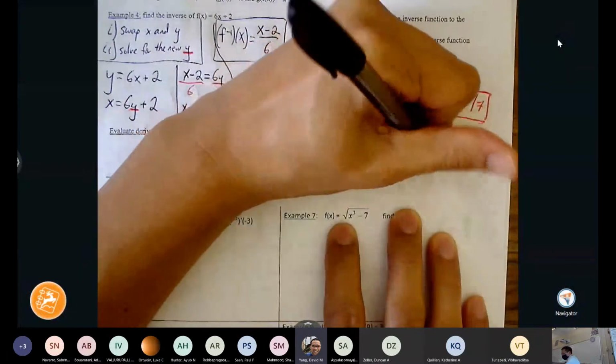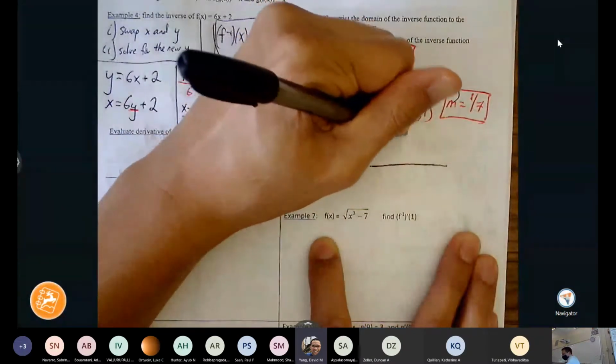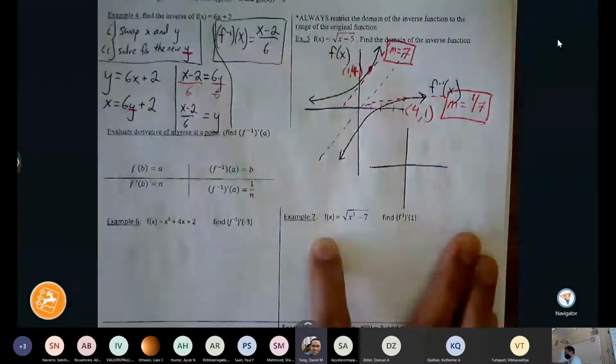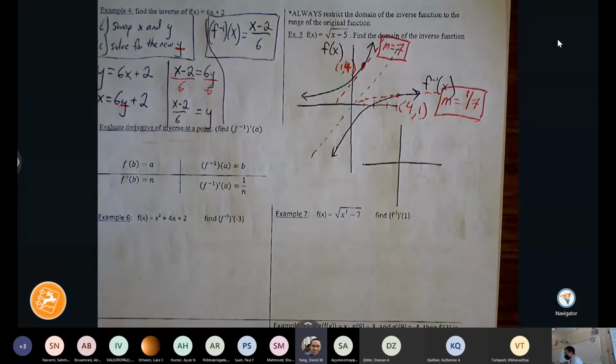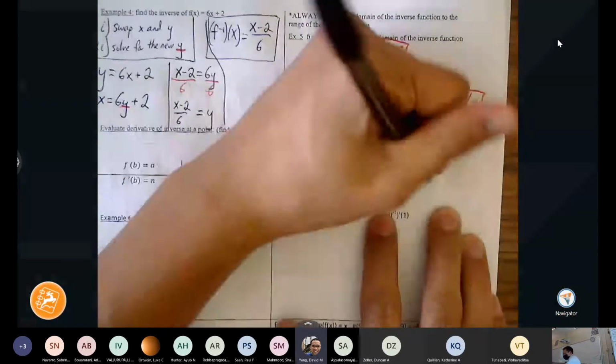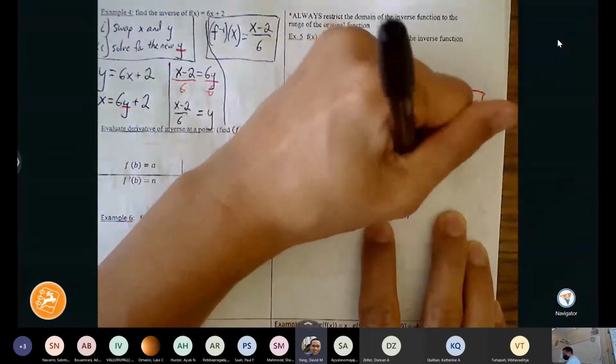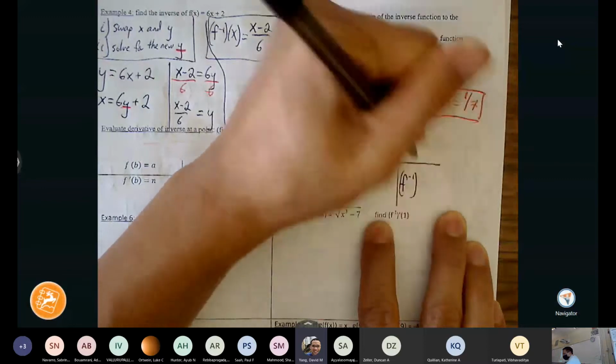So a lot of these problems, we're going to go through from this angle. The problem is always going to ask you, what is the slope of the inverse at a specific point? So it may ask you to find the slope of the inverse at, let's say, 4.